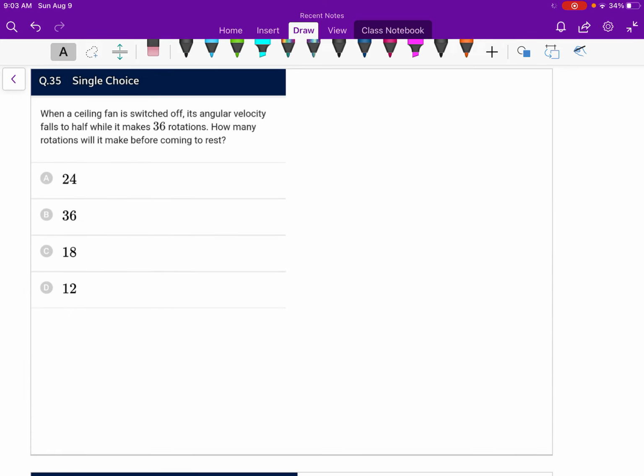When a ceiling fan is switched off, its angular velocity falls to half while it makes 36 rotations. So (ω/2)² equals ω² minus 2α Δθ1. And now ω goes to 0. So 0² equals (ω/2)² minus 2α Δθ2.